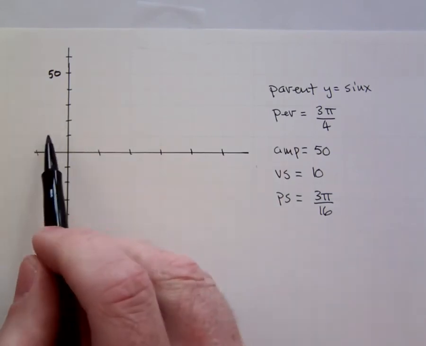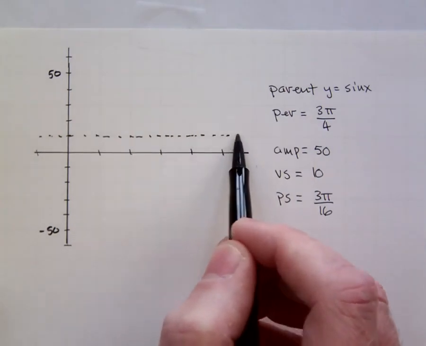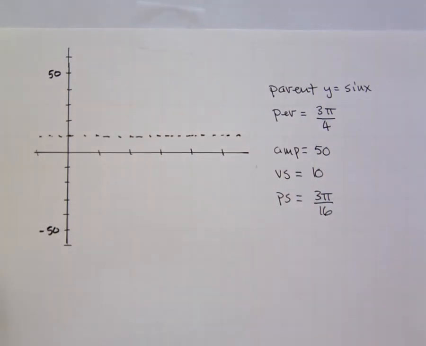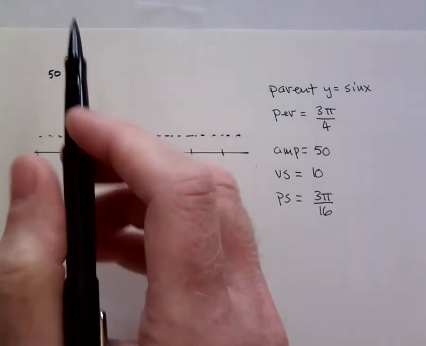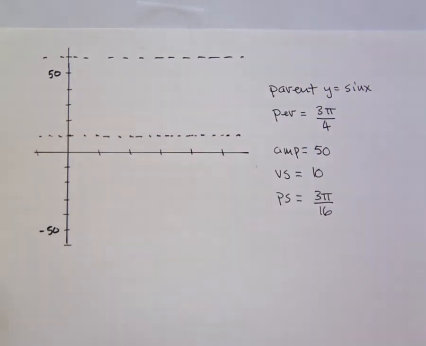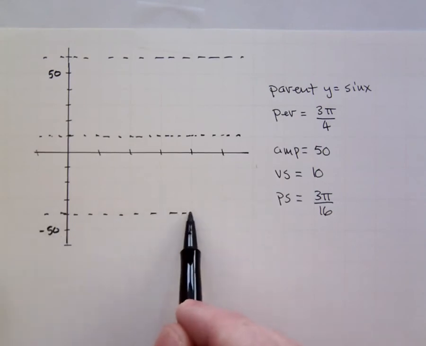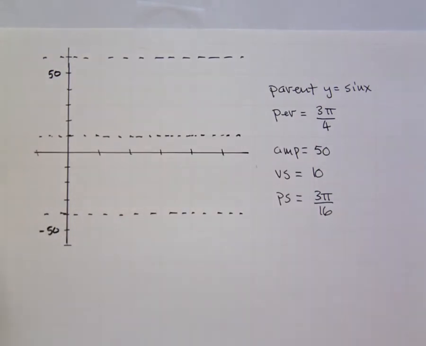Now I know that the vertical shift is 10, so I'll make my center guideline at y equals 10. And from there I'll go up 50. Well, 10 up 50 takes me to 60. So that'll be my upper boundary. And 10 minus 50 takes me to -40. That'll be my lower boundary. And now I'm set vertically. Again, I just have to color inside the lines.